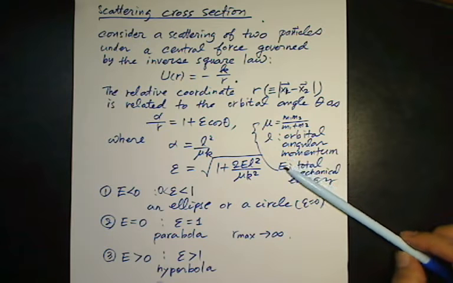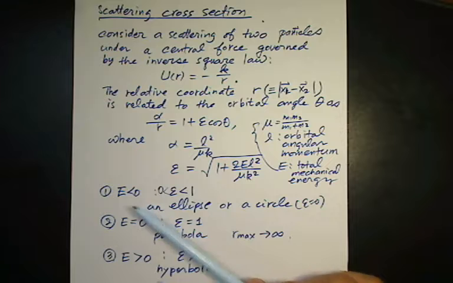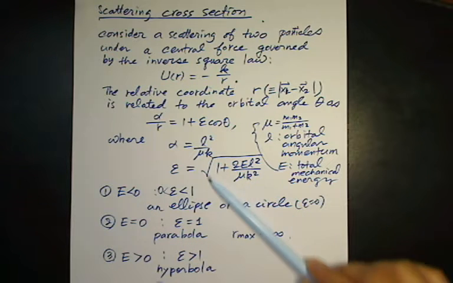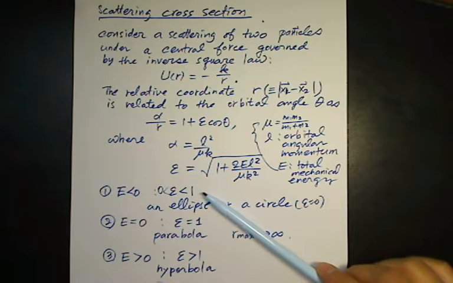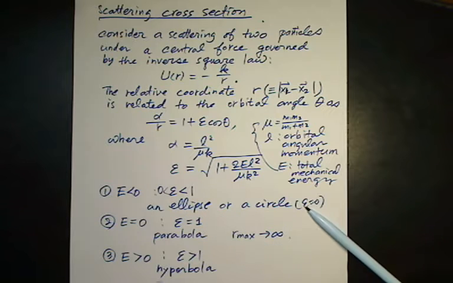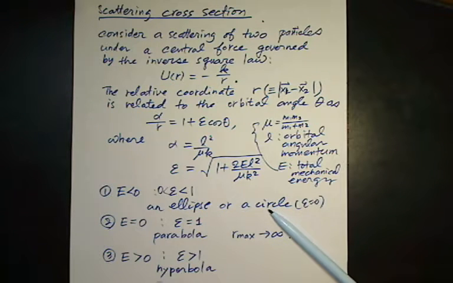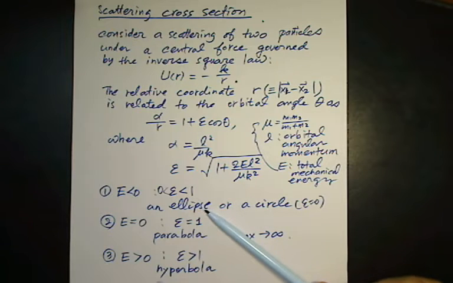everything is completely determined. If the energy is negative, then the eccentricity is less than 1. And in case epsilon equals 0, it is a circle. And if it is non-zero, then it is an ellipse.